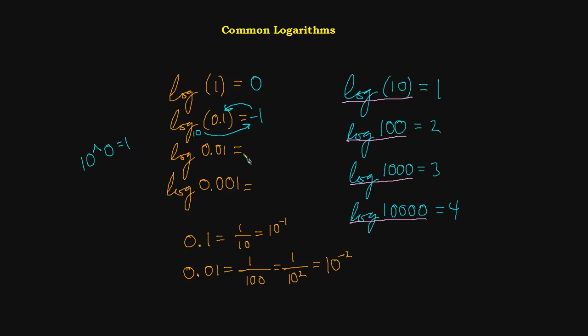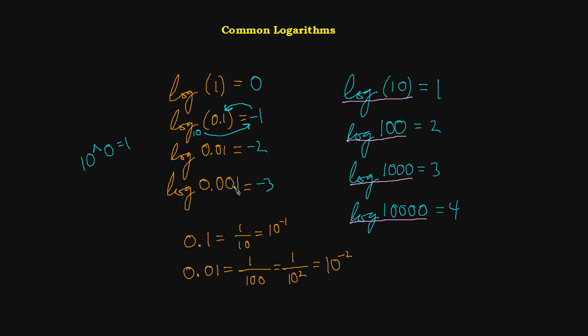For the next one, again, you could pause at any time and try these others, but I'm going to just go ahead and say this guy right here, this should be 10 to the power of negative 2 to get us 0.01, and this should be 10 to the power of negative 3. Now again, what I'd like to point out is when we go from a very, very small number, this is 1/10, this is 1/100th, this is 1,000th.